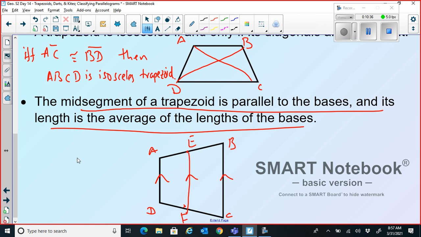Apart from that, EF is the average of the sum of the lengths of AD and BC. AD plus BC divided by 2 will give us the length of EF. I will give you another 20 to 30 seconds to note this down, and then we will move on to the next slide.